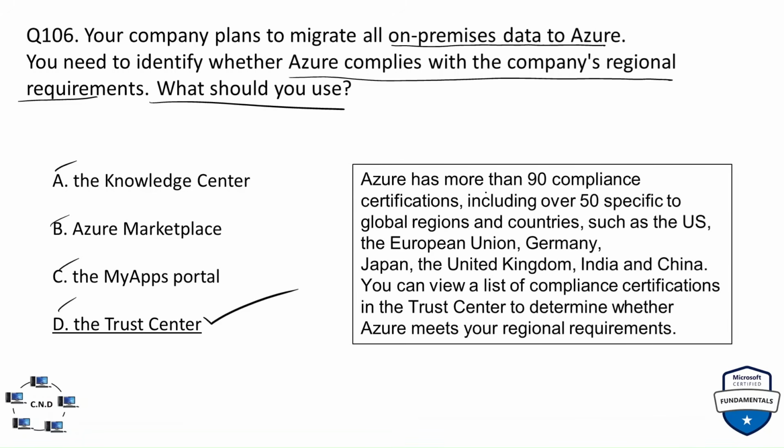So Azure has more than 90 compliance certifications, including over 50 specific to global regions and countries, such as the US, the European Union, Germany, Japan, UK, India, and China. You can view a list of compliance certifications in the Trust Center to determine whether Azure meets your regional requirements.